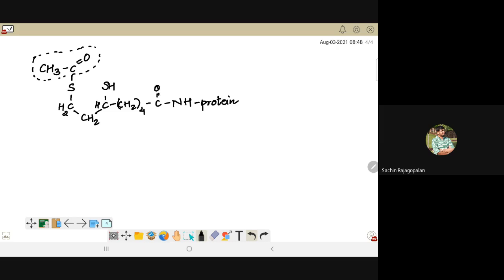So we are going to get rid of the acetyl group. But we can't release it just like that. So we will associate it with a coenzyme, which is called coenzyme A, thereby forming a product called acetyl CoA, which looks like this.